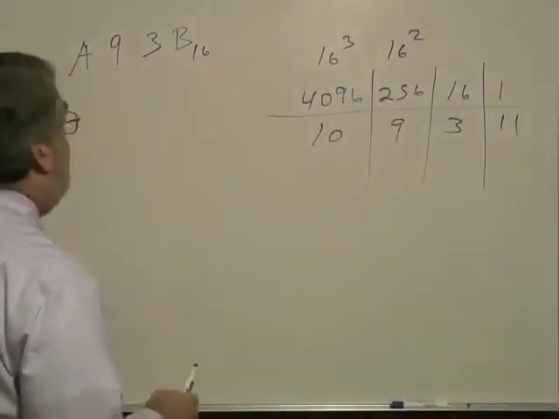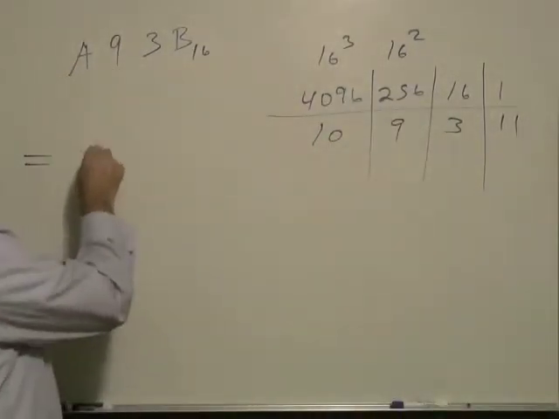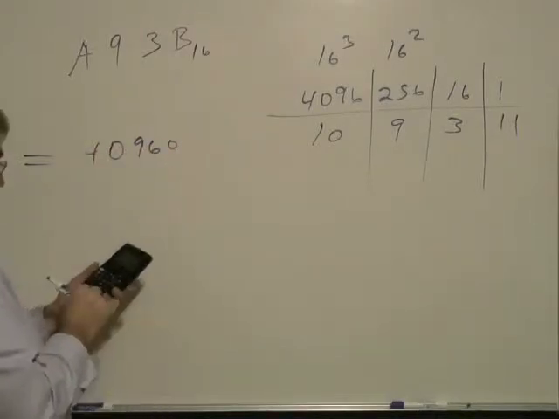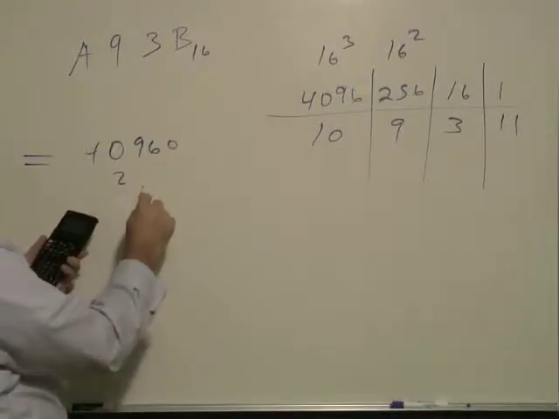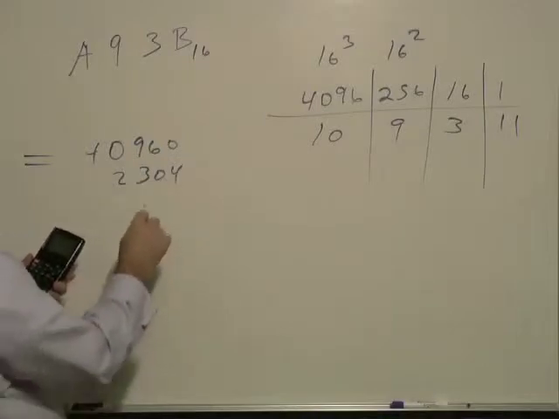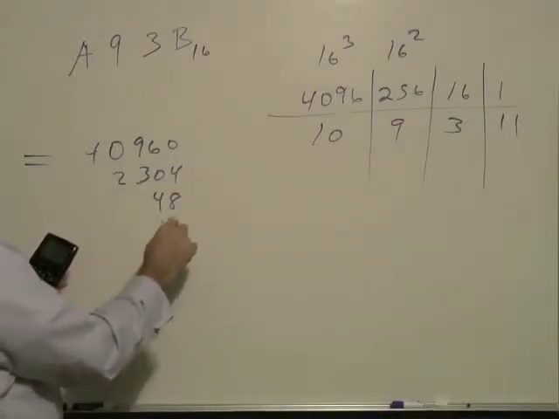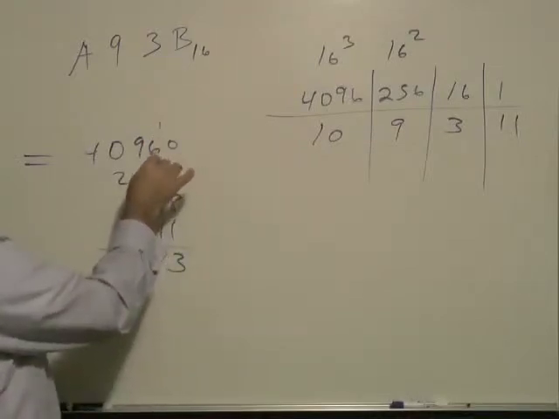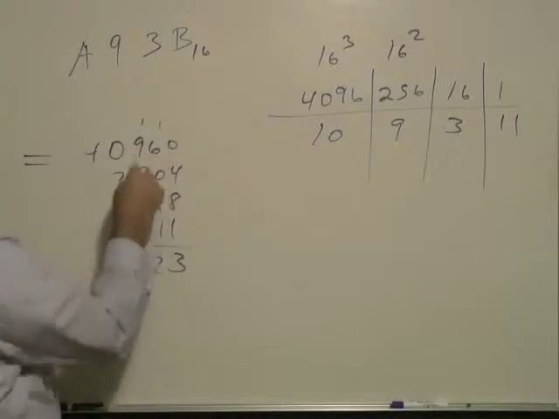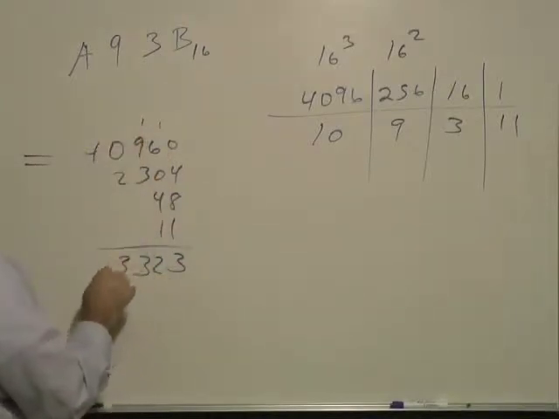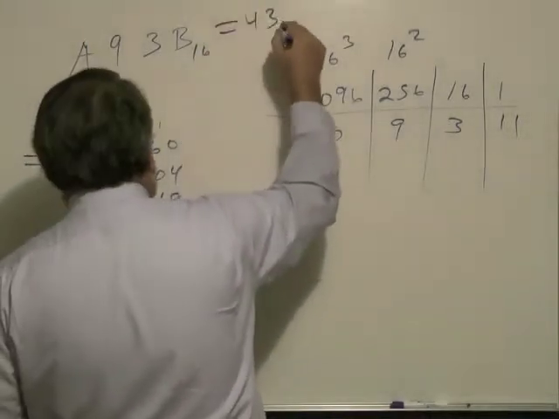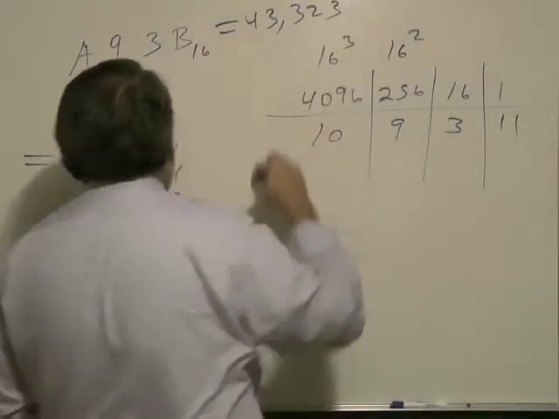So this will end up being 10 times 4096, 9 times 256 is 2304, 3 times 16 is 48, 11 times 1. So this is equal to 43,323.